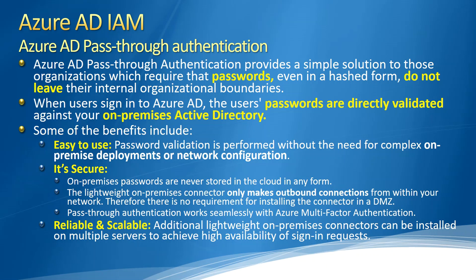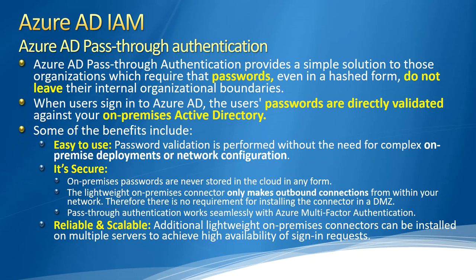But in this case, the Azure AD pass-through connector makes no inbound connection; rather, it makes an outbound connection, which means the server sitting on-prem is going out to the internet, which is very much allowed in any organization. So you have an outbound internet connection, which is acceptable, as opposed to an entity sitting on the internet like Azure AD or any server on the internet coming back to your on-prem infrastructure.